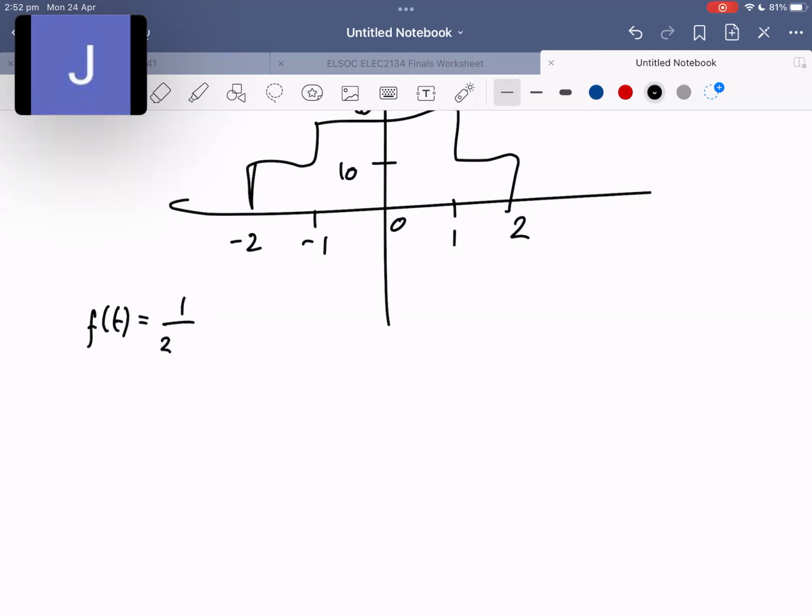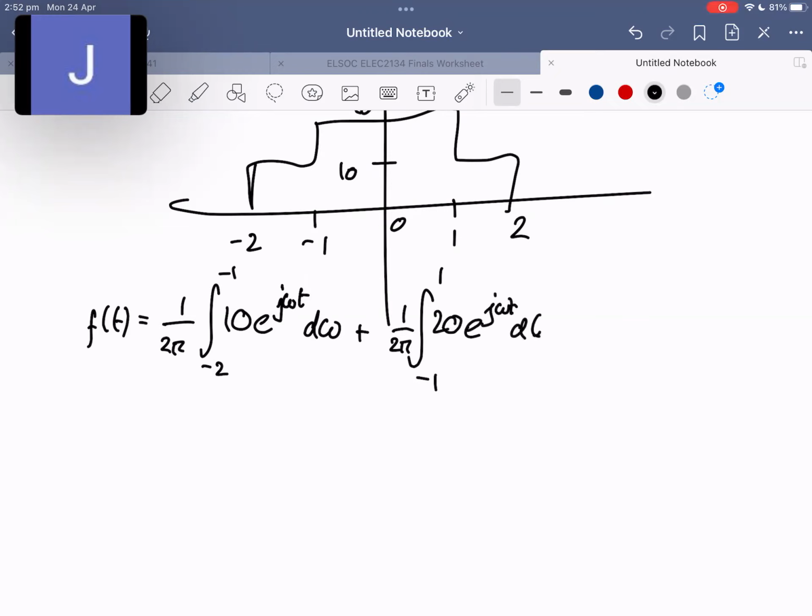So f of t is 1 on 2 pi, and then you've got -2 to -1. The function is just constant 10, and then e to the j omega t d omega. Then I've got 1 on 2 pi times the integral between -1 and 1 of 20 e to the j omega t d omega, plus the integral between 1 and 2 of 1 on 2 pi times 10 times e to the j omega t d omega. So you can go ahead and integrate these. It's not too difficult because you're just integrating exponentials.